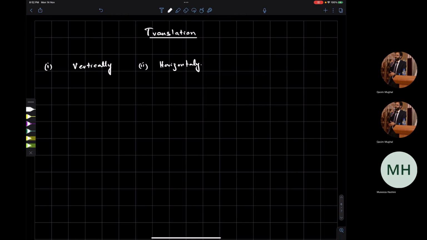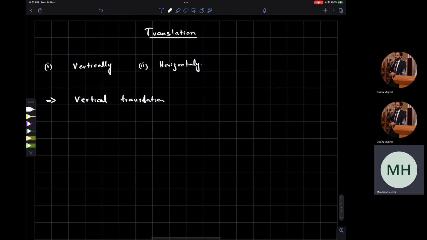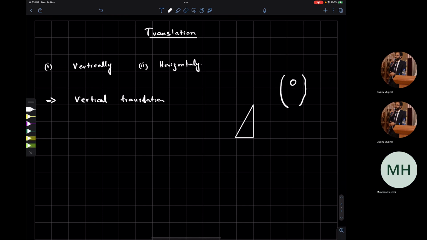Okay, so if I want to do the vertical translation, if you recall from your IGCSE transformation, if I want to translate this triangle vertically, it means I want to move this up. The translation vector would have 0 on the x and any number on the y.